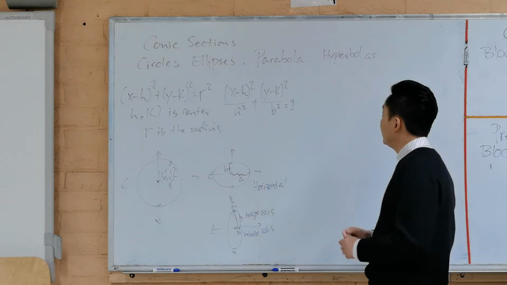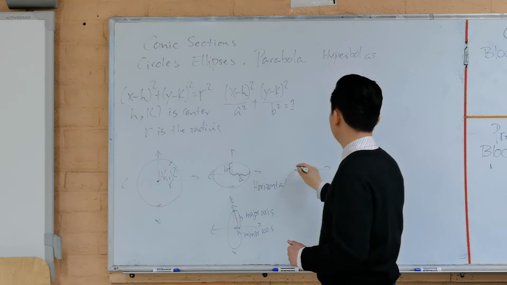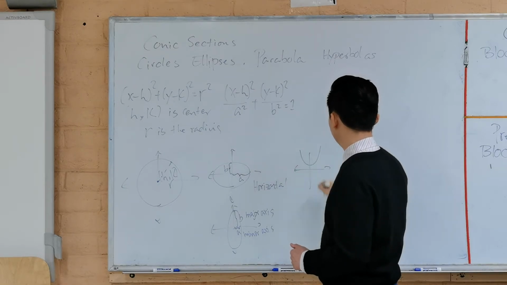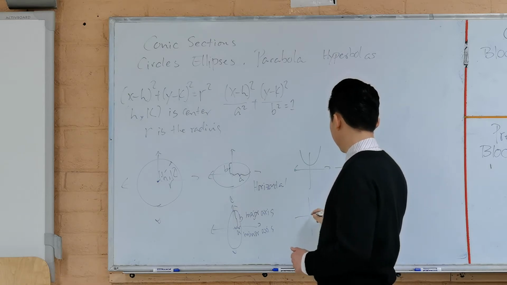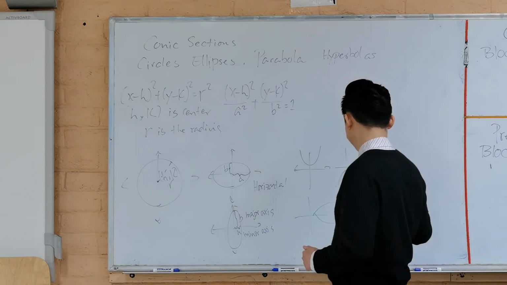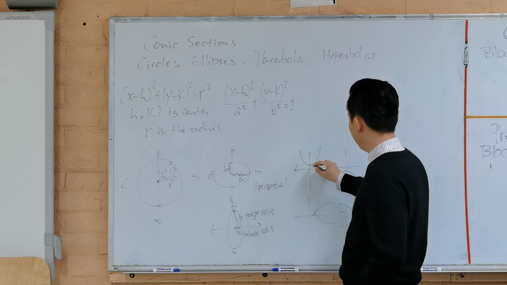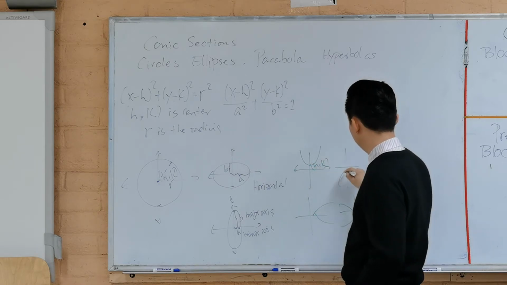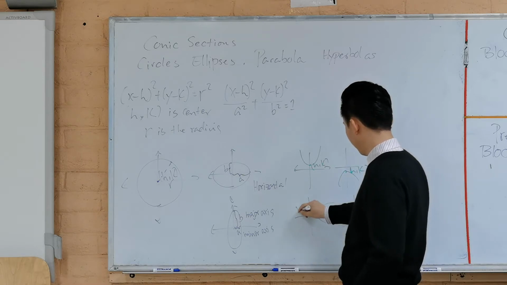And then for the parabola, we do have two types of parabola. One is considered vertical, could be going that way or upside down. And the other one is a sideways parabola. Again, h and k, that's the vertex. Okay, h and k.